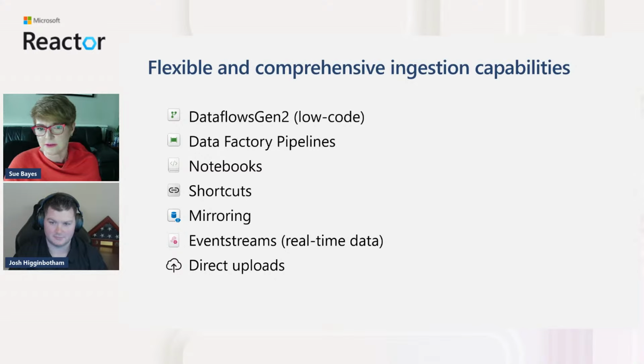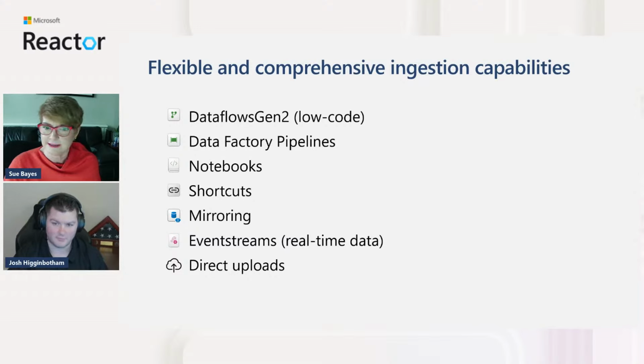There's also a little tool called Data Wrangler, which again is a bit like the Power Query element, and it helps you with your code to understand how to do some of the basic data cleansing tools. We've got shortcuts, which enable you to take a shortcut of your data. A shortcut enables you to have no data duplication at all, and it allows you to ingest the data into your OneLake using storage efficiency.